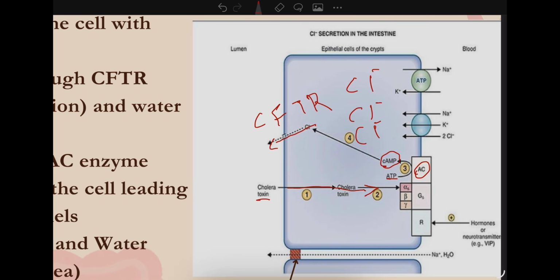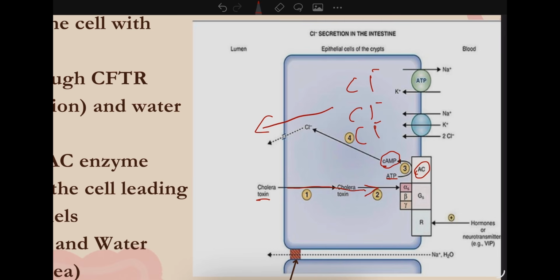The problem is that cyclic AMP activates this CFTR channel. Normally, the CFTR channel doesn't work much, because you don't want to secrete much in the colon. But cyclic AMP keeps it activated. Cholera toxin increases this activation, causing an overactive CFTR channel. So what happens here? Chloride will be secreted abnormally, a lot of chloride will be secreted.